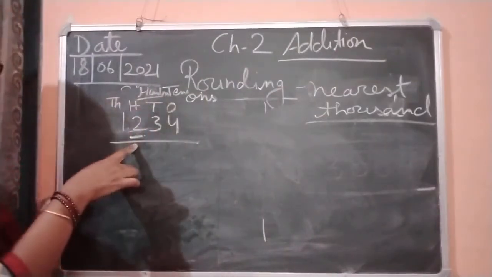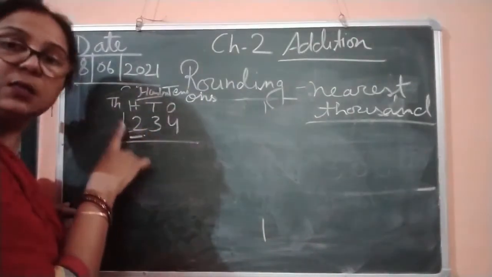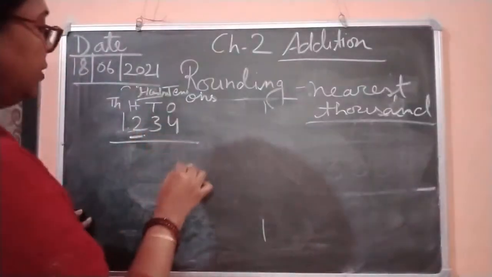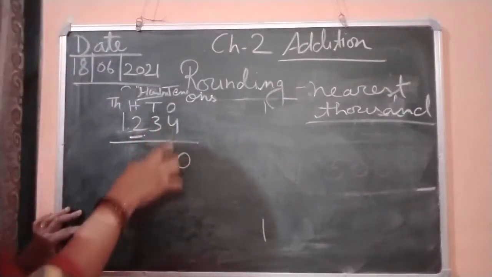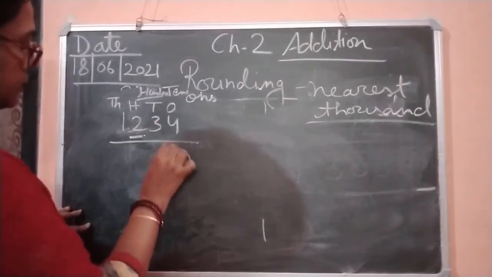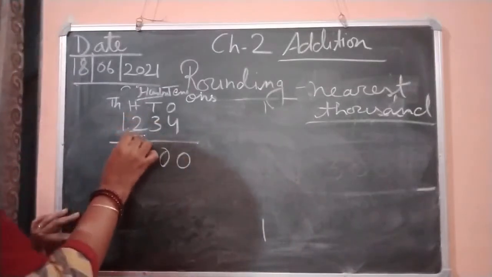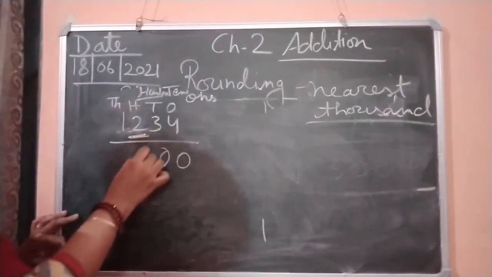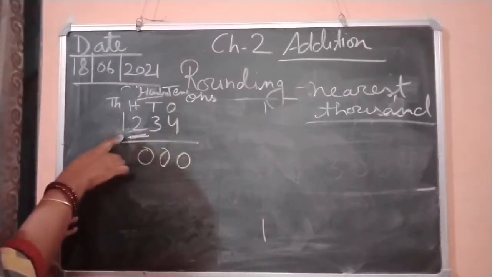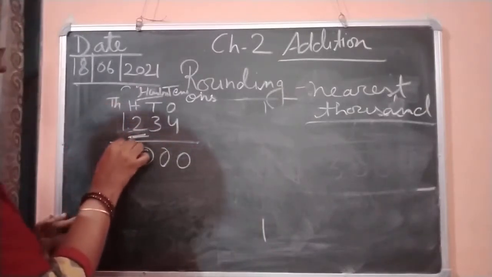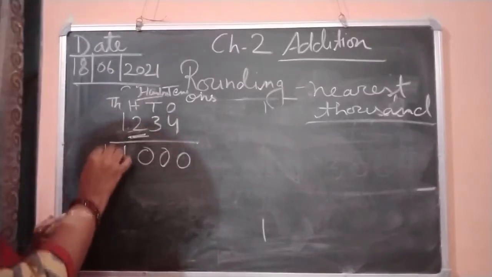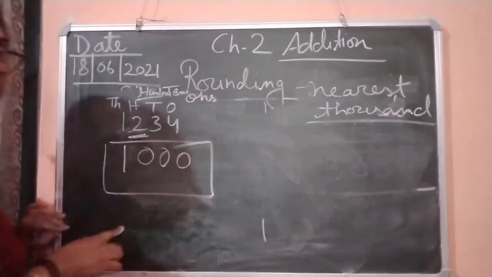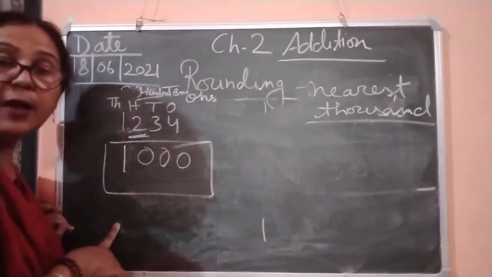What is written over here? This is 2. So this is a weak number. So that is why what we will do? We will write 0, and at the tens place again 0, and 2 because this is the weak number at 100. So we will write 0 and here you can see 1000 is there. So we will write 1000. So here you can see we are rounding the number to 1000. Why?